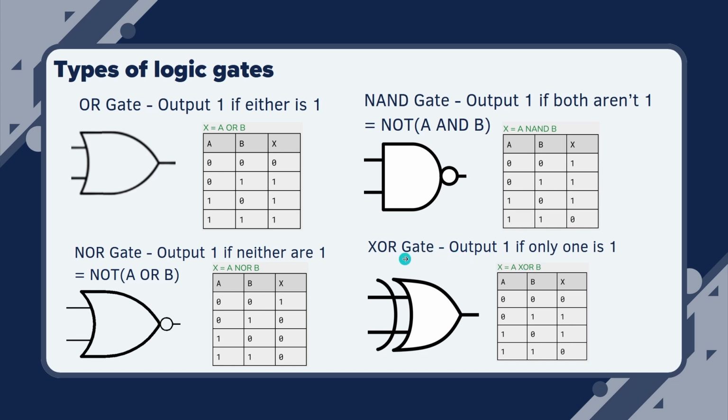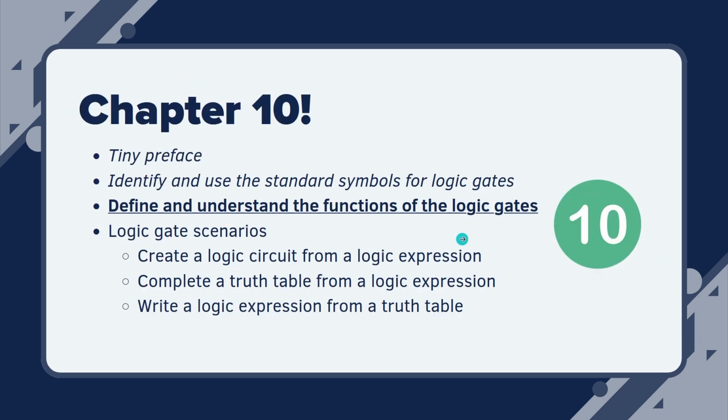XOR gate, exclusively OR, so A or B but not both, then it will be a 1. That's why it's called XOR, exclusively A or B, but not A and B. So that's it for logic gates.